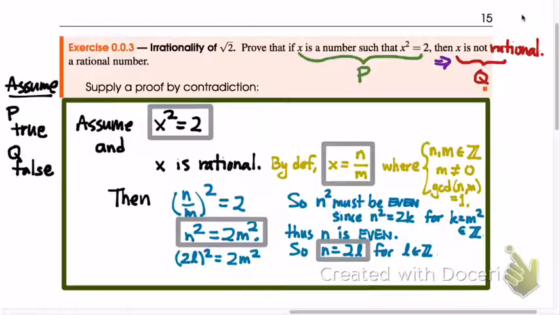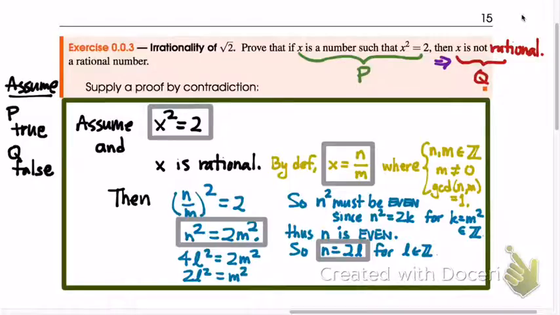How do I simplify (2L) squared on the left-hand side? Yeah, the 2 gets squared, so we end up with 4L squared. And then dividing both sides of this equation by 2, 2L squared is equal to m squared.